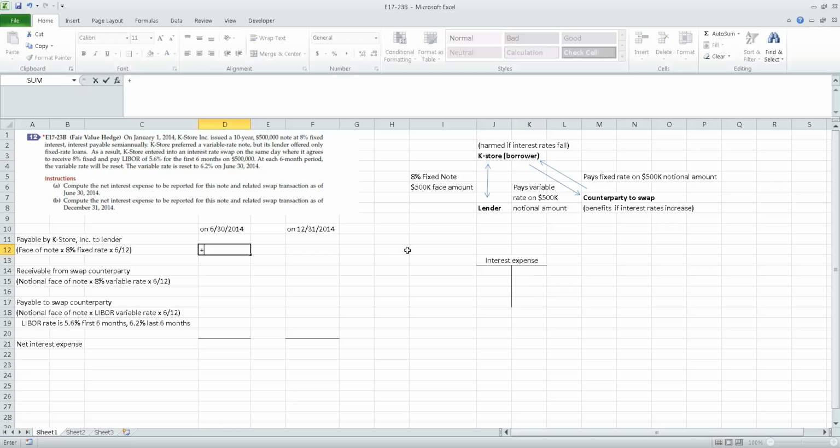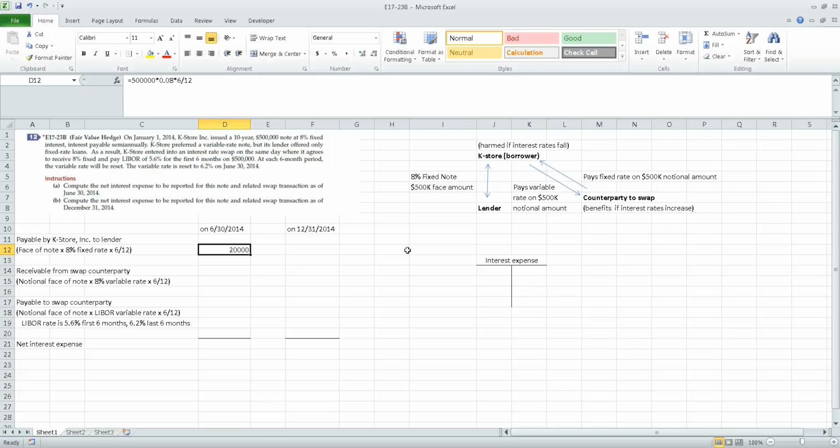So the check will be for $500,000 times an 8% interest rate times 6/12 of the year. Okay, so K-Store is going to cut a check to the lender for $20,000.